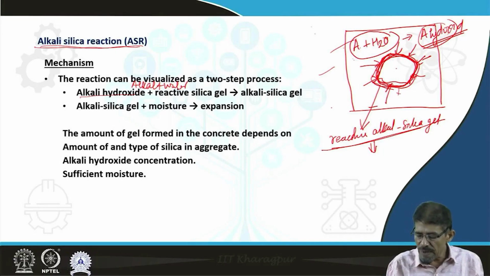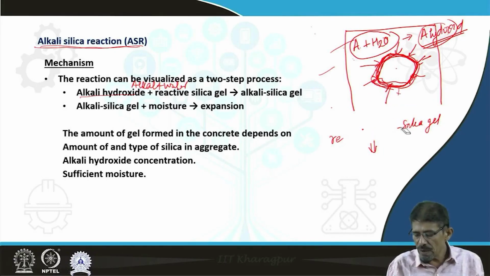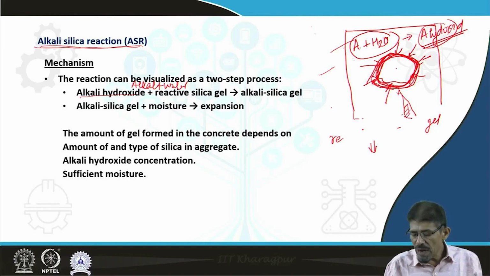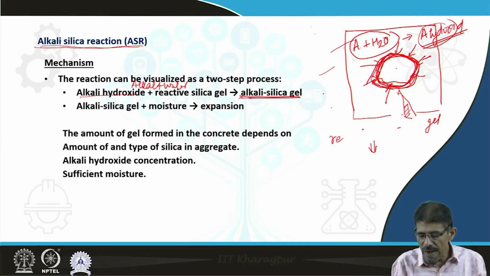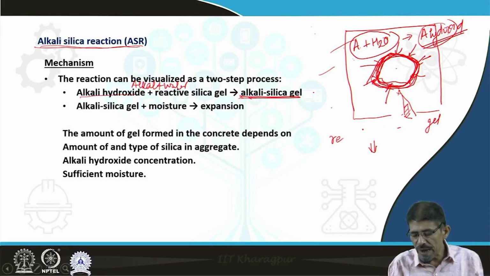So if alkali silica gel is present here, it is going to enhance this peripheral zone. Because the alkali silica gel is fluid in nature, it may fill this crack. So here this crack is undergoing filling expansion. Where this alkali silica gel is available, at that point the concrete is experiencing expansion inside.